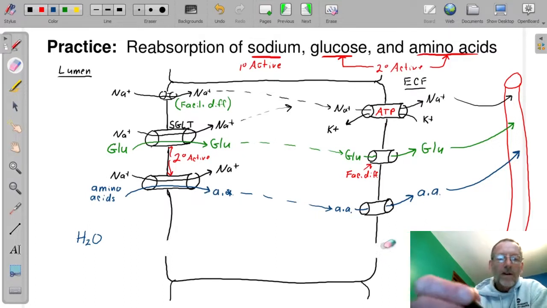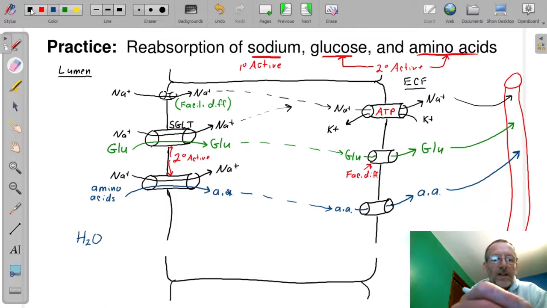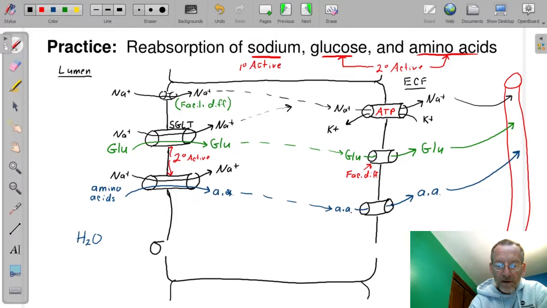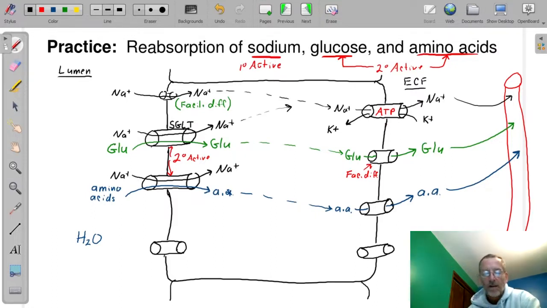We move water across the membrane efficiently through aquaporin channels. In both cases, the water is just moving down its gradient by facilitated diffusion.